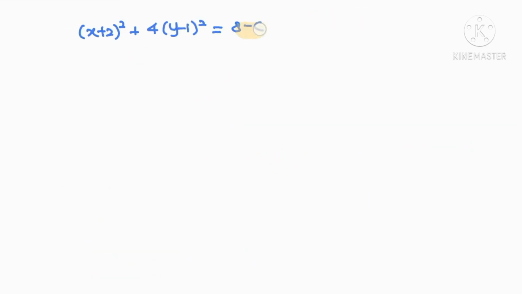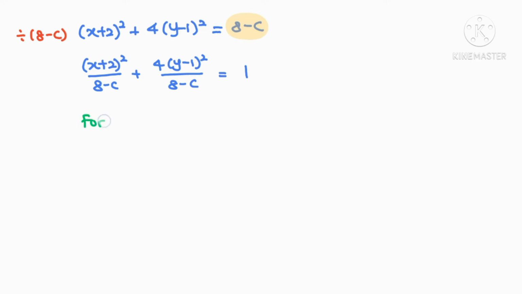Since the right hand side must be 1, we divide everything by 8 minus c. So we have x plus 2 squared over 8 minus c plus 4 times y minus 1 squared over 8 minus c equal to 1.